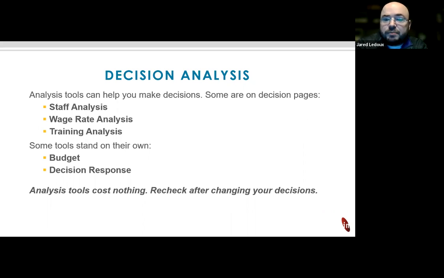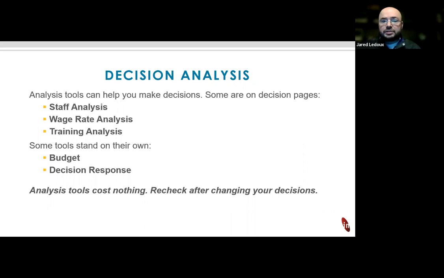So you're looking at your budget, obviously, both your current as well as forecasted impact of your decisions on the budget. So make sure to look at both of those components, and then your decision response. So it shows how your decisions and results may relate to one another. So this is a free component of the simulation.